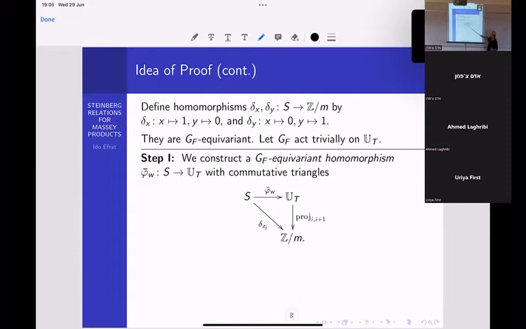It needs to be a homomorphism, it needs to be Galois invariant. These triangles, if you look at some entry on the superdiagonal, it's like taking delta Zi. Zi was the letter in the word that tells us whether we take the Kummer element of A or of 1 minus A.